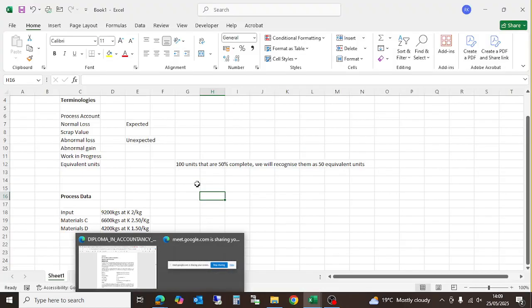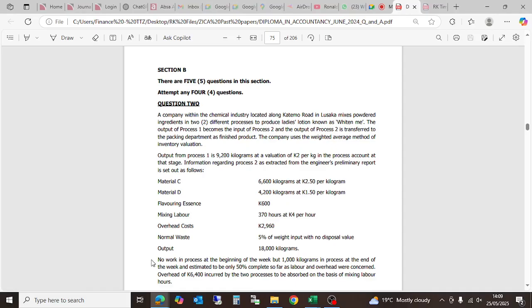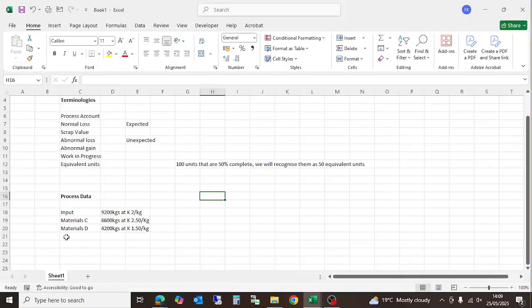Okay, 1.5, it's correct, 1.5 per kg. So this is our data. Did they give us any information that might help us with it? Okay, let's see. We have a normal waste of 5%. So I just say normal loss rate, 5%.